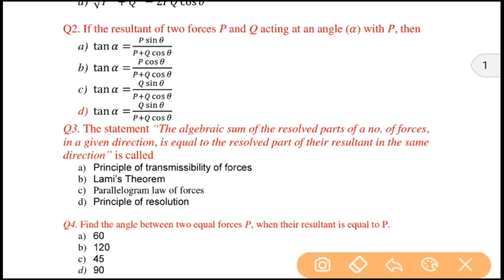In the next question, if the resultant of two forces P and Q acting at an angle theta makes an angle alpha with P, then the angle alpha is given by option A, that is P sin theta divided by P plus Q cos theta.